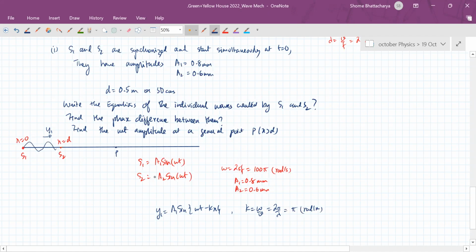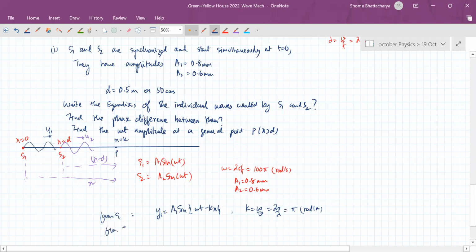Whereas the wave created by the second source, y2, is only traveling a distance of x minus d, whereas this one is traveling a distance of x. So from S1, this is the equation.